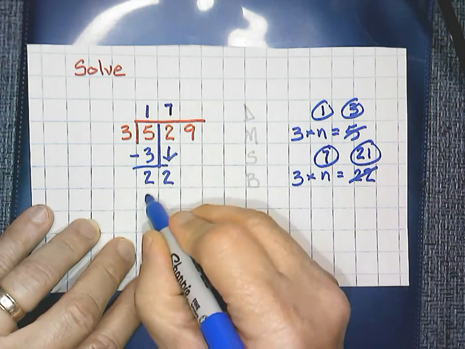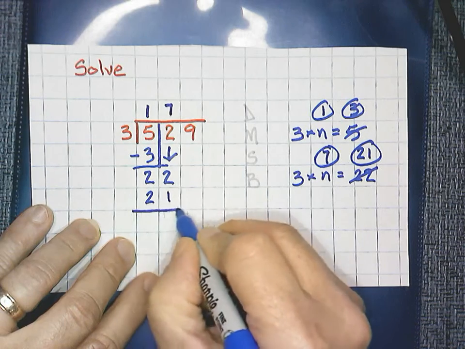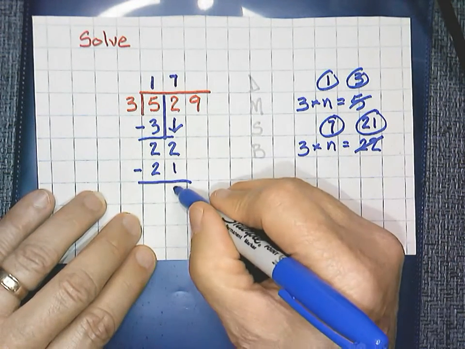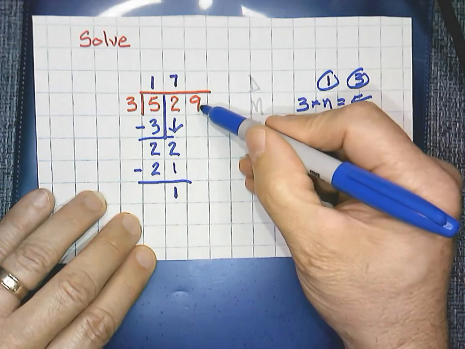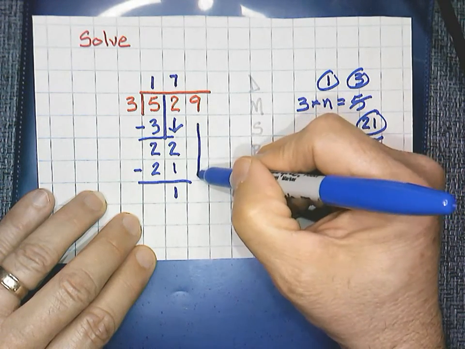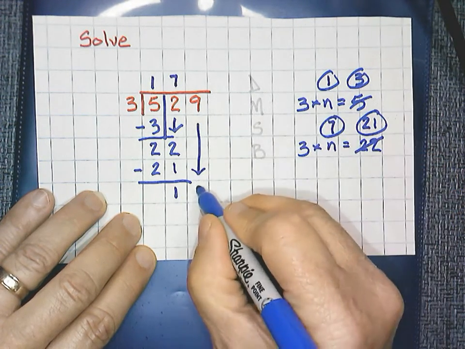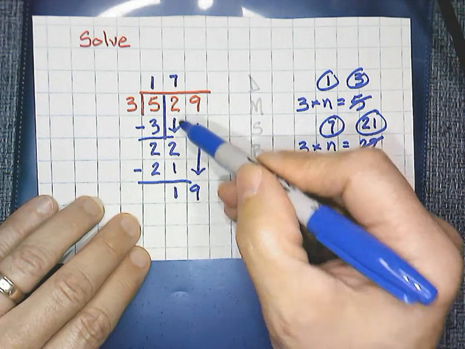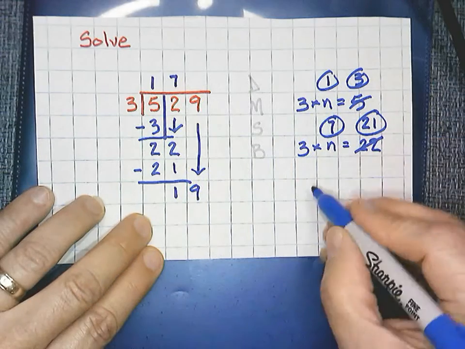And the 21. Subtract. 2 take away 1 is 1. I still have one more number. Now we have 19 divided by 3.